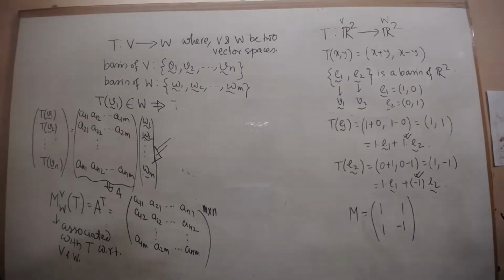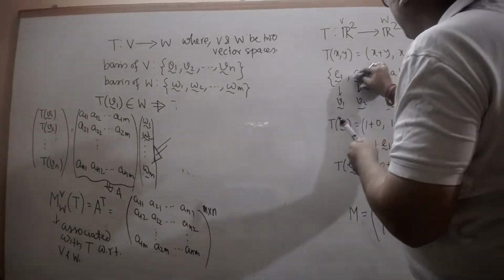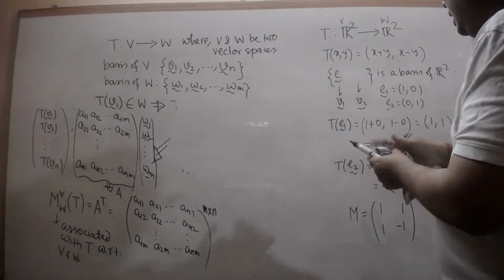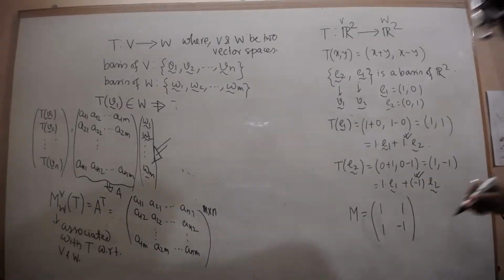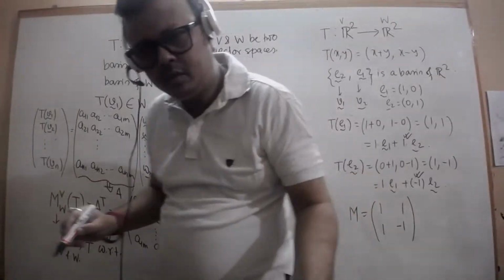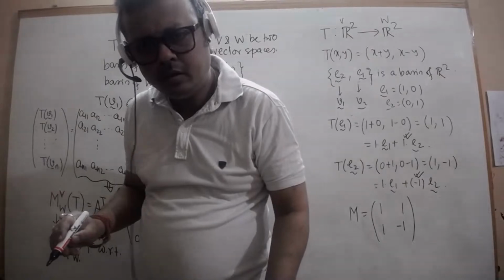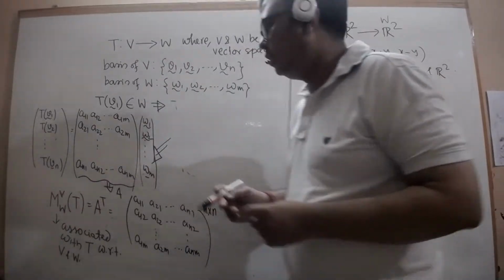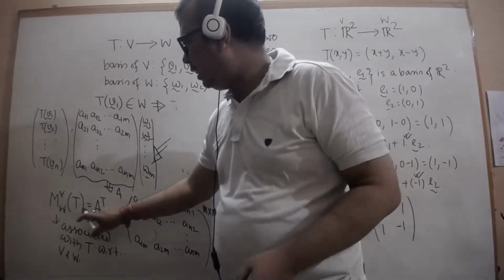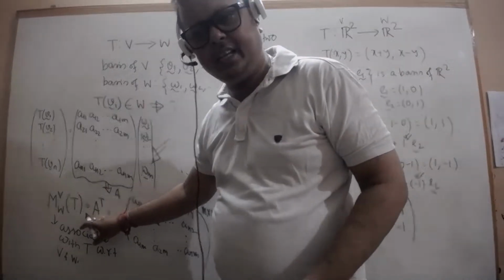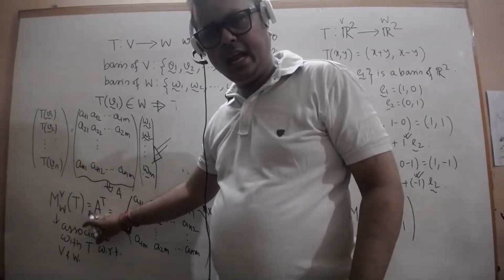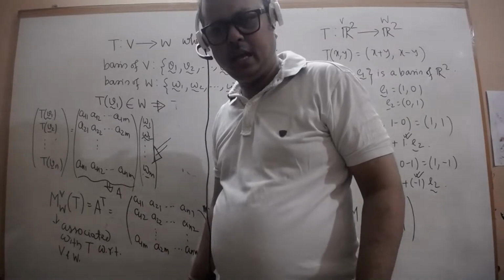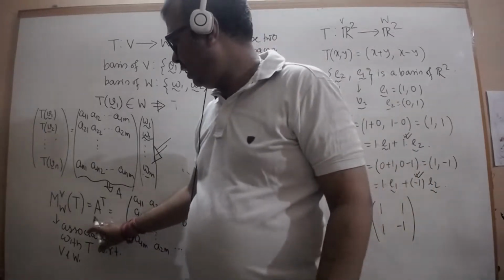Similarly, if you change the order of a basis, instead of e1, e2 in that order, if you take e2, e1, then what happens? I define this matrix M_T as A transpose.